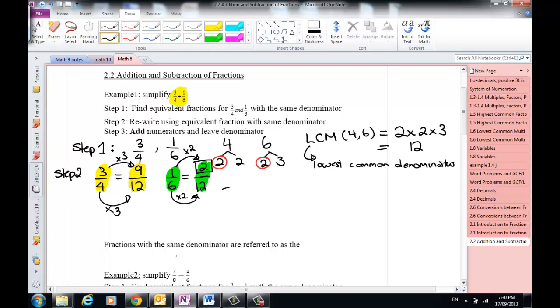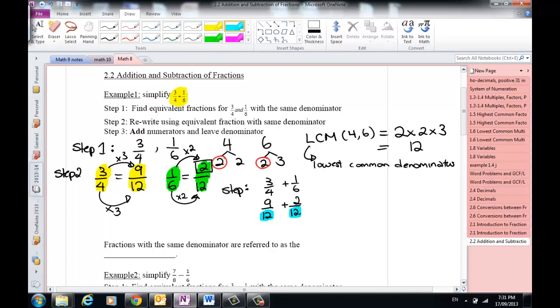And step 3. Our question started off with 3/4 plus 1/6. And we just found the equivalent fractions. So 3/4 can be written as 9/12, and 1/6 can be written as 2/12. The reason we've done this is because we have to have the same denominators, okay?